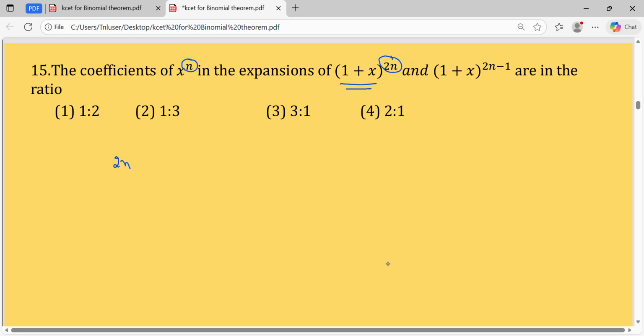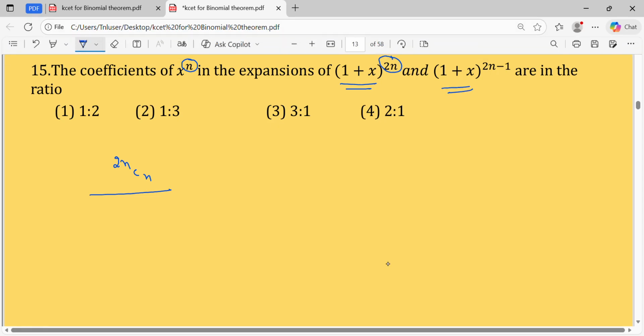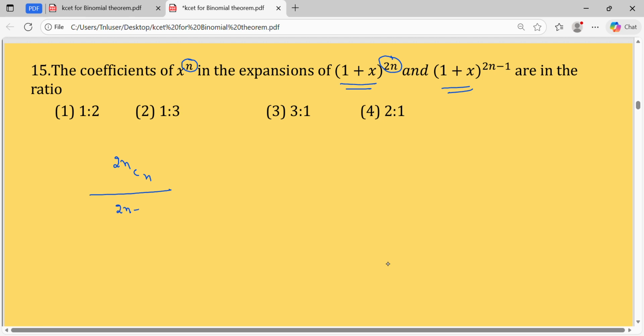Now 2nCn is the x power n coefficient. Similarly, in the other expansion, n equals 2n minus 1. 2n minus 1 Cn is the coefficient in the second expansion.